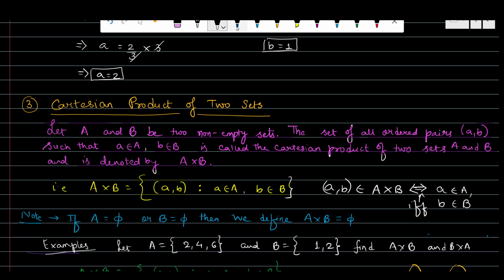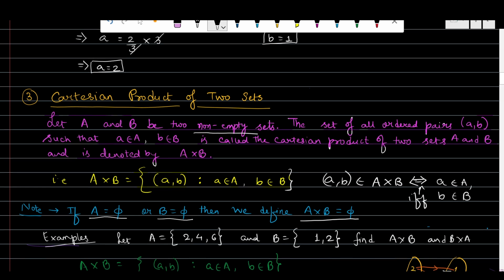Now we have said here non-empty sets. So if A equals empty or B equals empty, then A cross B will be equal to phi, as there will be no element in A as well as in B.